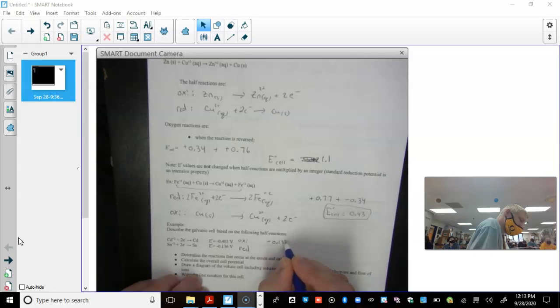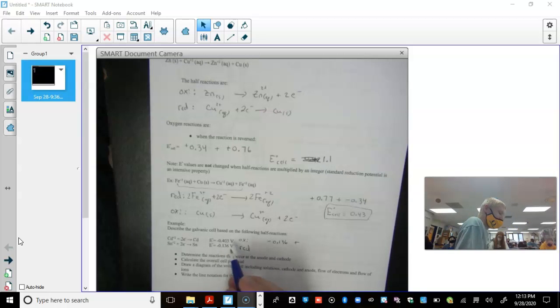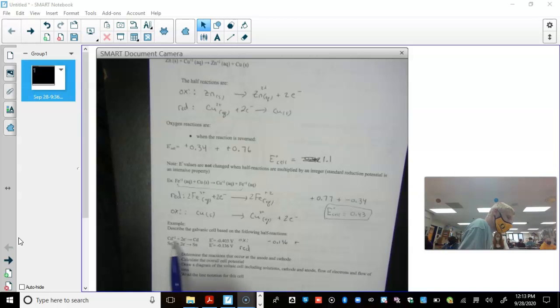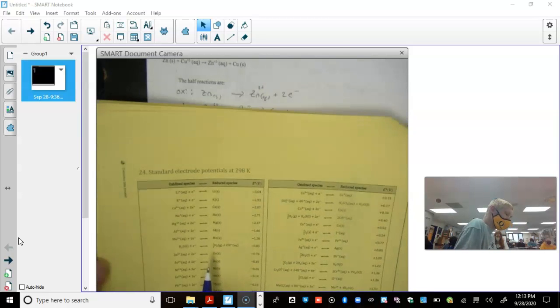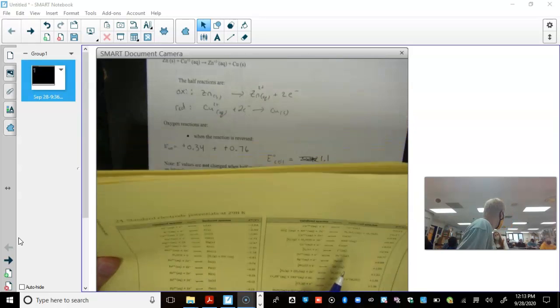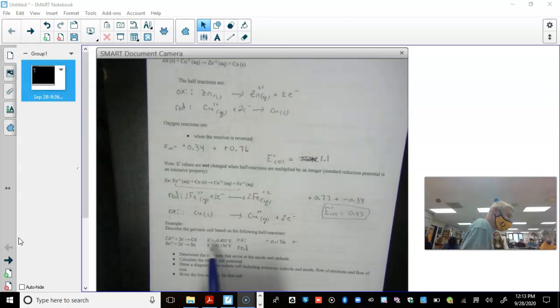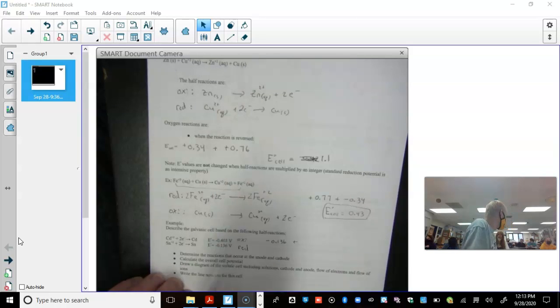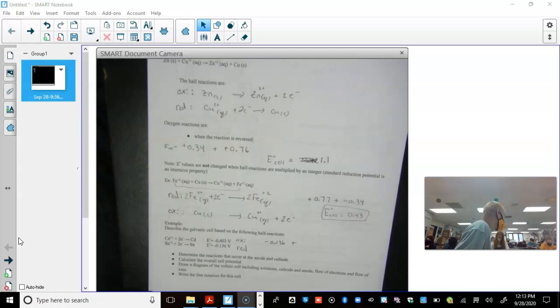Negative 0.136 plus, but this is reduction here. If we're talking about the oxidation version, then we have to flip the sign, because these are both the reduction side of things. Because if I subtract two negatives the wrong way, I'm going to get a negative potential difference, and that can't happen.